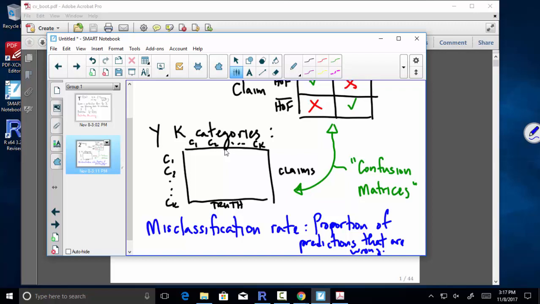That is potentially problematic, using that as your overall accuracy, because consider the baseball data, for example. In the baseball data, we have 1,000 players, and less than 10% of them are in the Hall of Fame. It's like 8%, I think, who are in the Hall of Fame.